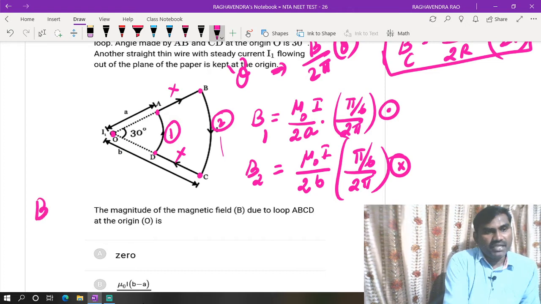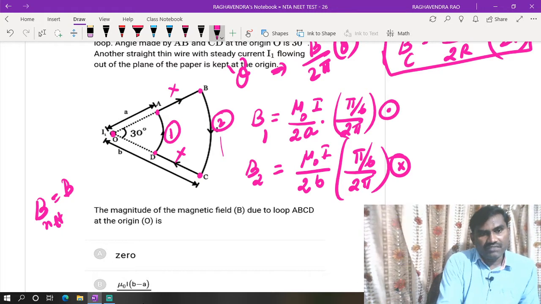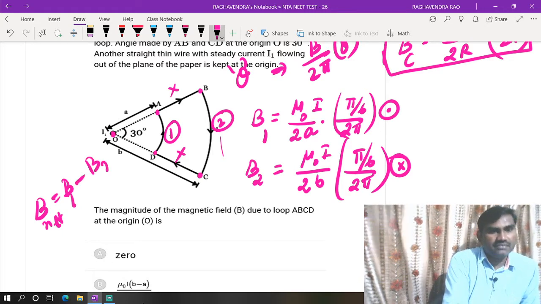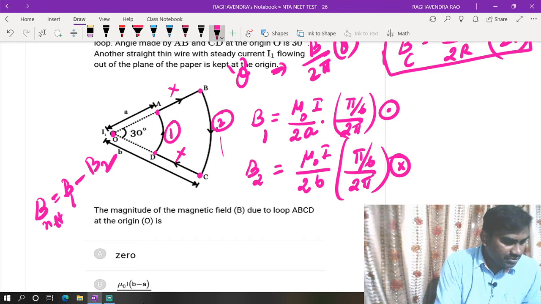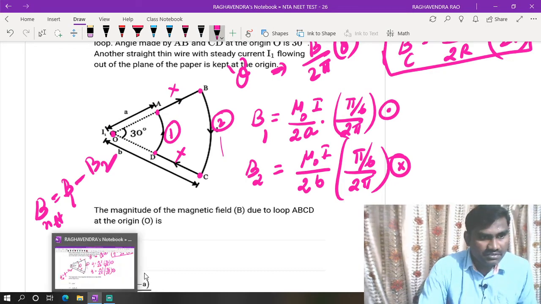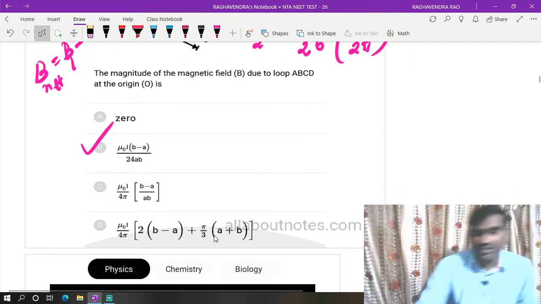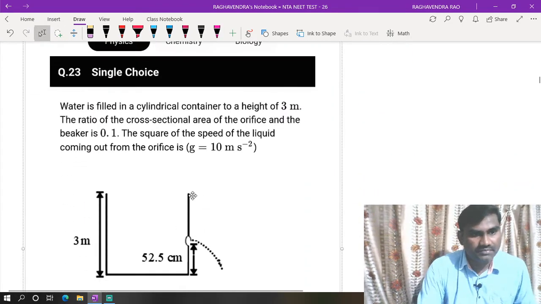Now, B net is equal to, as the denominator value is more, this value is less. So B1 minus B2. That we will get the value as option B. You can simplify that and get option B.